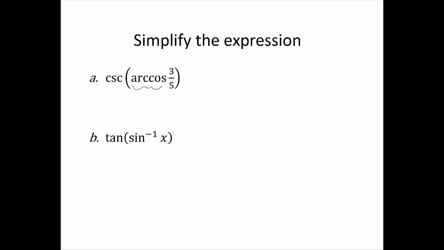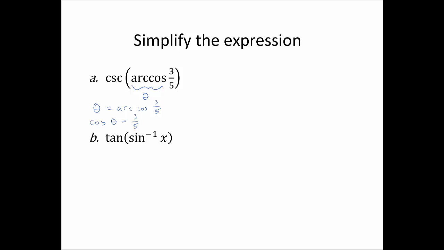Let's call this some angle, I'll use theta. So then if theta is equal to the arc cosine of 3/5, then using the inverse idea, the cosine of theta must be 3/5.